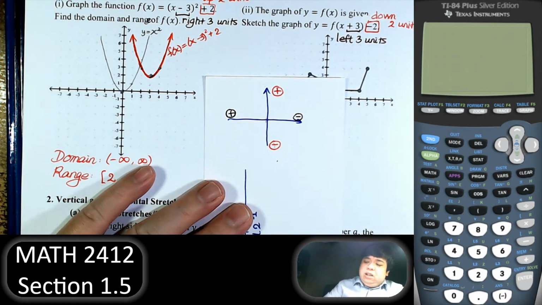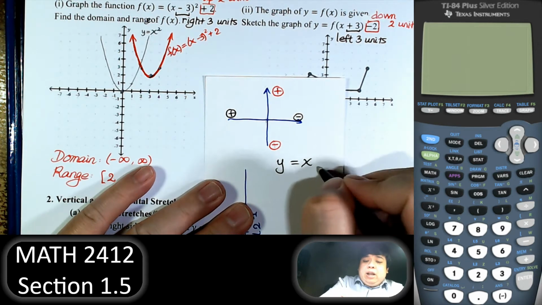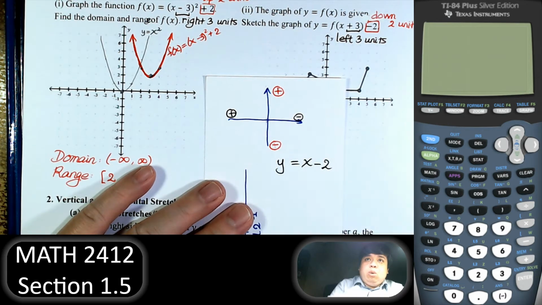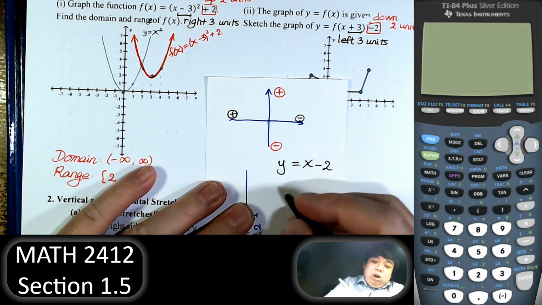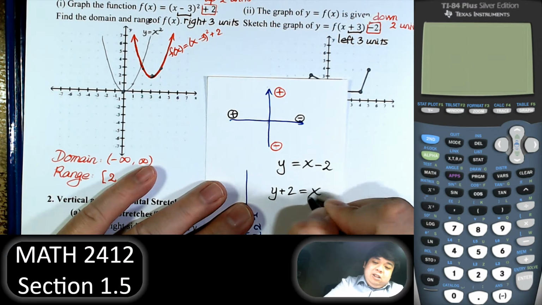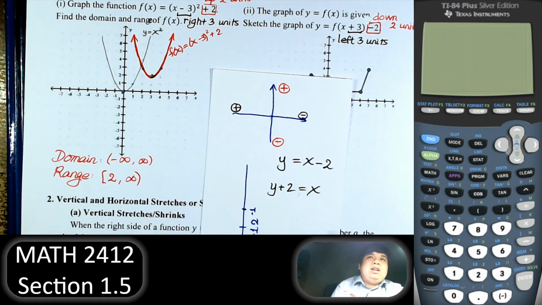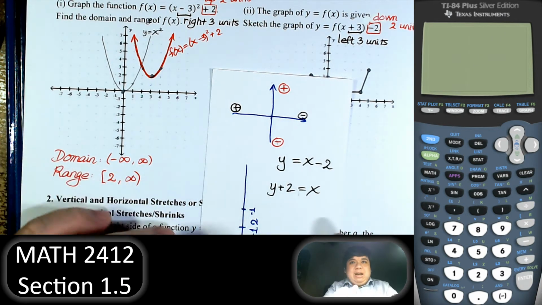If you consider this function, y equals x, right? Now, if we minus 2, what do we actually do? If it is minus 2 on this side, you want to move to the other side. So the x actually is a plus 2, right?